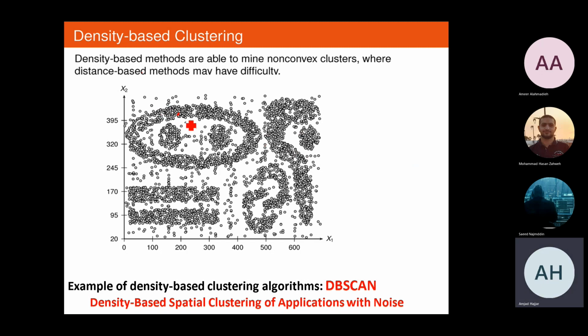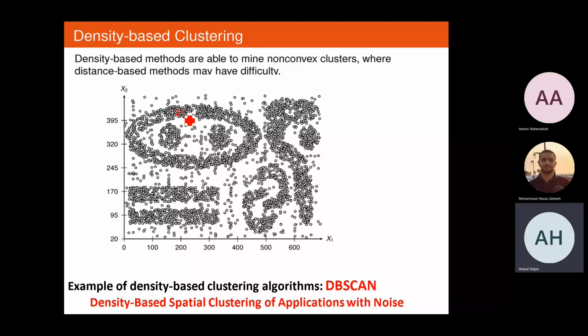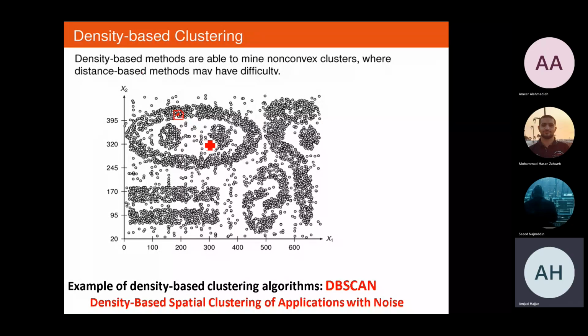If I take a point like this, and I ask what is the PDF, the density, around this point? Basically, what I should do is take some neighborhood of the point and count how many items are inside this neighborhood. Exactly like what I do with the histogram when I have linear data. I take each point and say, for example, the marks between 80 and 90 are the density for the point 85, and it is the number of marks that are between 80 and 90. Or if I'm talking about probability, I divide this number by the total number of marks, which is how many students I graded for the quiz.